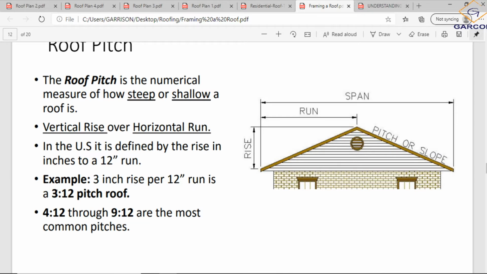I go up 3 inches for every foot, so 5 times 3 is 15. So for the whole 5 foot I go up 15 inches. Every 1 foot I go up 3 inches, so 2 foot I go up 6 inches, 3 foot I go up 9. That's how you understand it; it's mathematics basically.